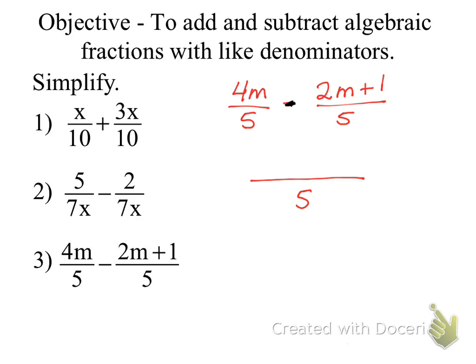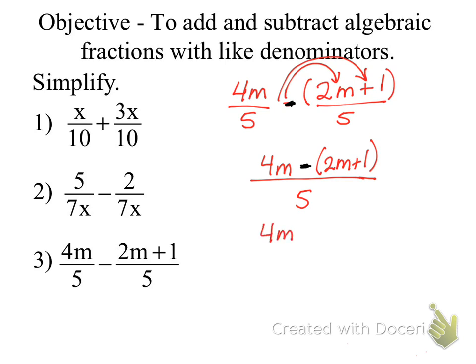So I'm doing 4m, and then I have minus that whole quantity of 2m plus 1. I'm probably doing one extra step. If I were doing this on my own, I would probably distribute in the next step instead of doing 2 steps, but I'm just trying to show you. So it becomes 4m. Are you with me?